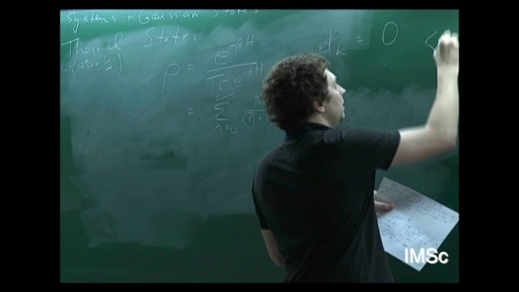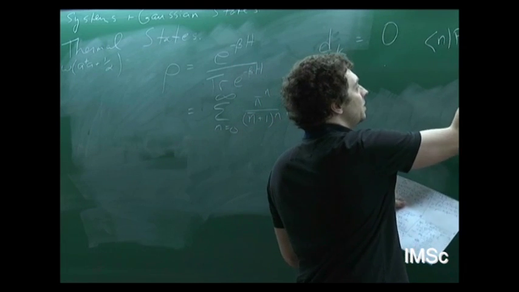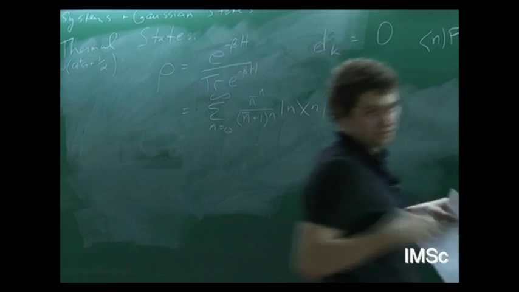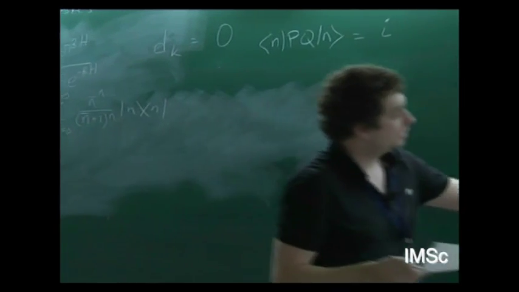And then you can use the fact that the expectation of P and Q with respect to a number state is equal to just 0. And similarly over here, we just need the real part of that. So these displacements end up being 0 for this thermal state.